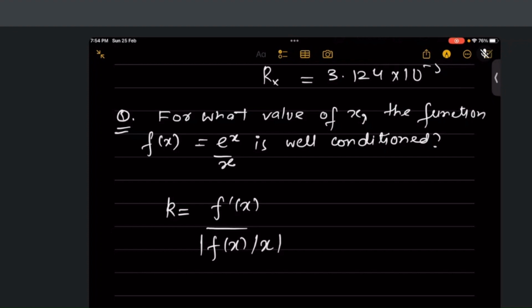Now, this condition number tells you whether the system is well behaved or ill behaved. If the value of k is close to 0, then it's a well behaved or well conditioned system. If it's close to infinity, or the more it goes away from 0 and towards infinity, it is an ill conditioned system.